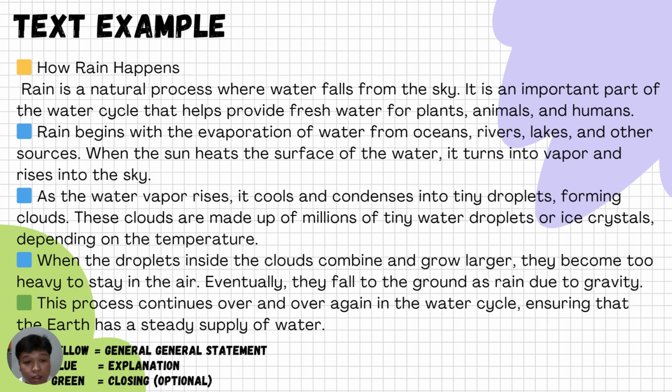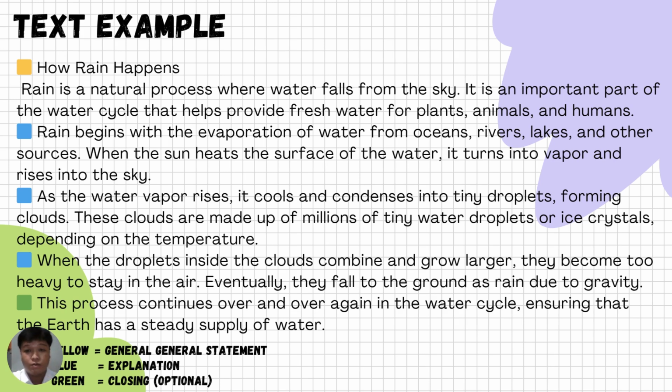And then the last one, can you guys tell me which one is the closing of that text? Alright, so the closing part of that text is the one that is marked with the color green. So that is the closing or summary of that text.